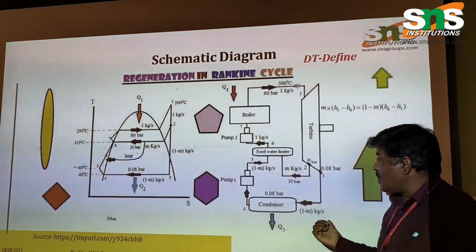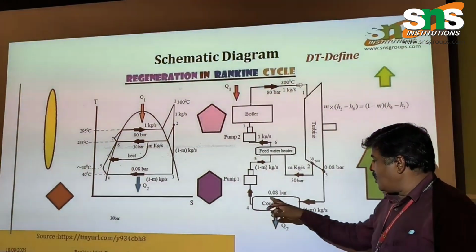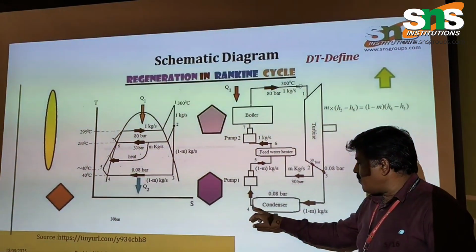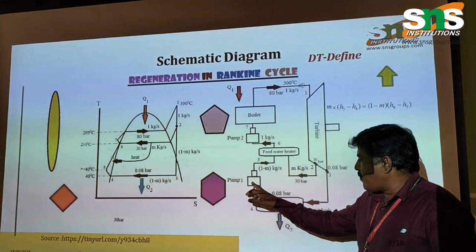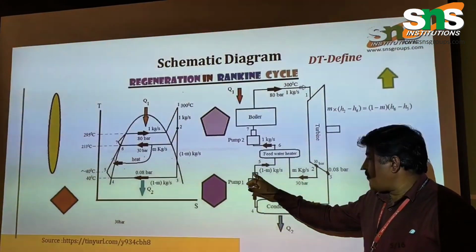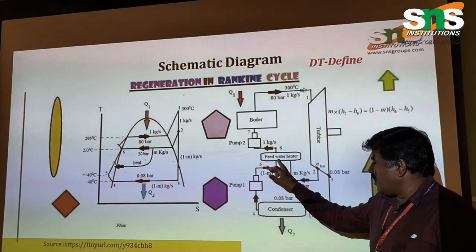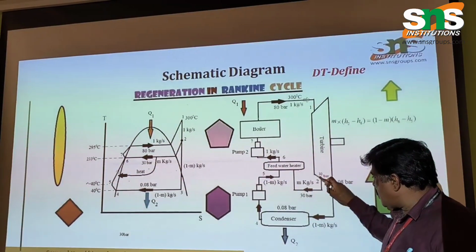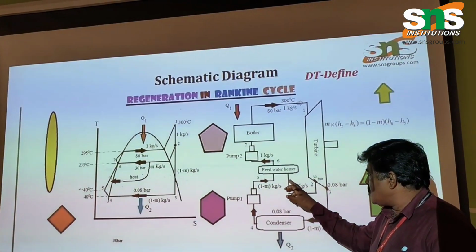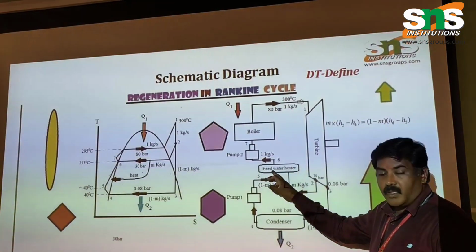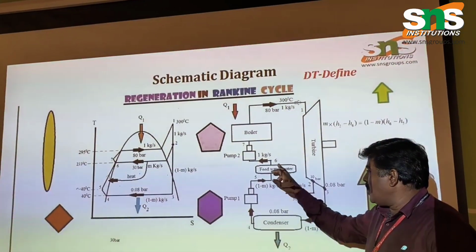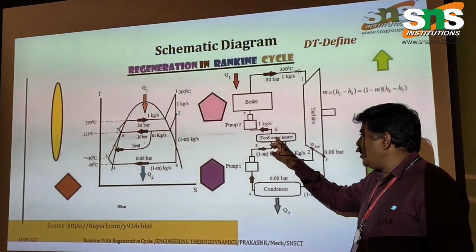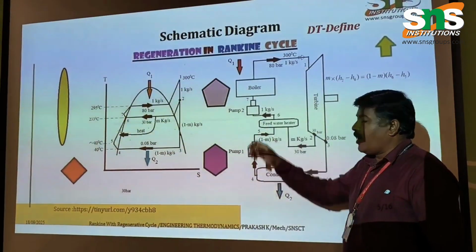But in the regenerative cycle, the condensate from the condenser goes to pump 1. It is pumped to the feedwater heater. Here, the steam taken from the turbine is used to heat the feedwater. So the feedwater is getting heated. Again, it is pumped to the boiler.